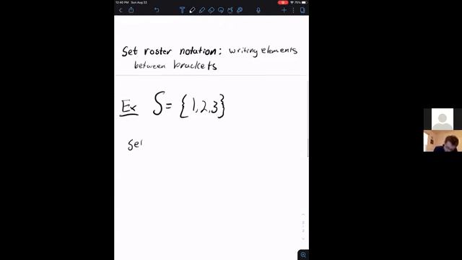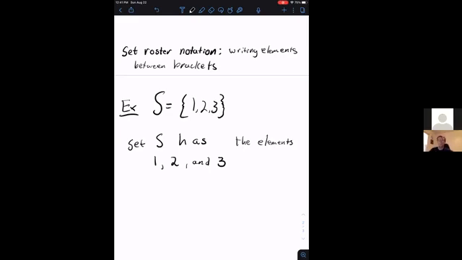This is the set S containing the elements 1, 2, and 3. Okay, so set S contains the elements, or it has elements. So let's say set S has the elements 1, 2, and 3.